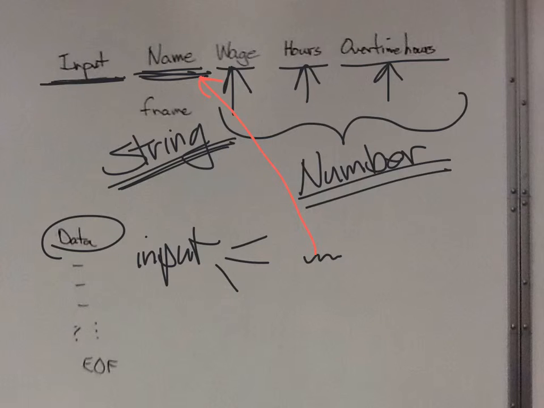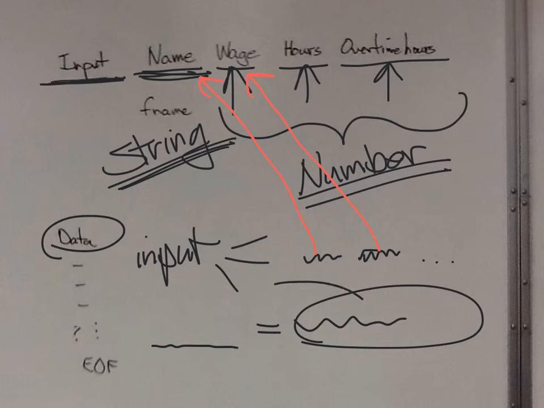Like there, that might be a name, and the next piece of data here might be the wage, and so forth. Once we have that in memory, then we can use it. We can use it to do some type of calculation and store that in some new variable. Remember, we calculate over here, store over here.